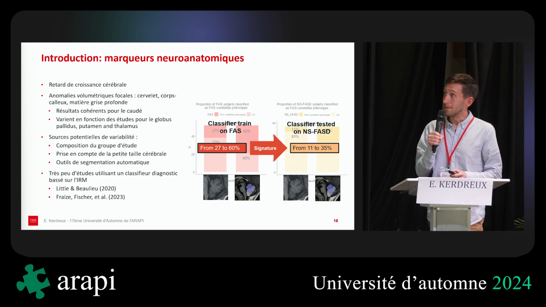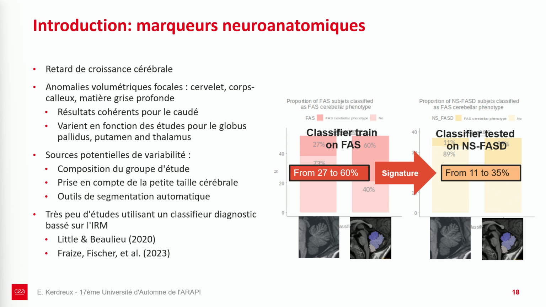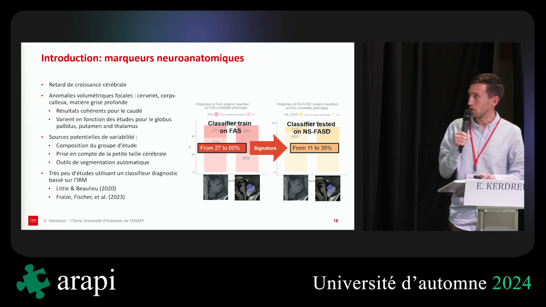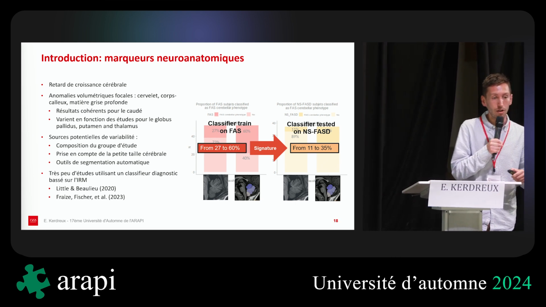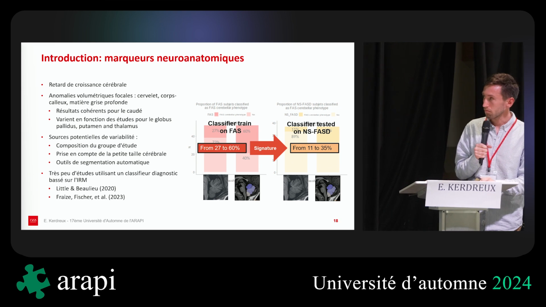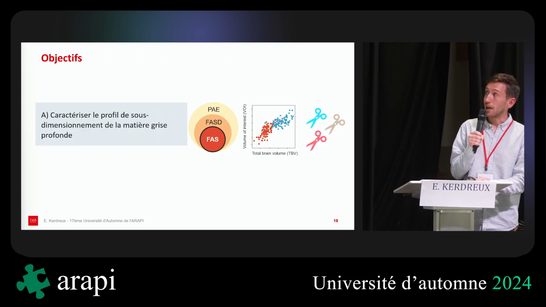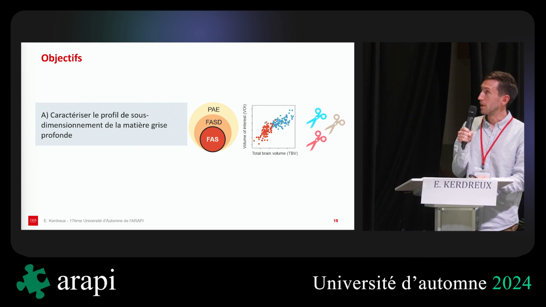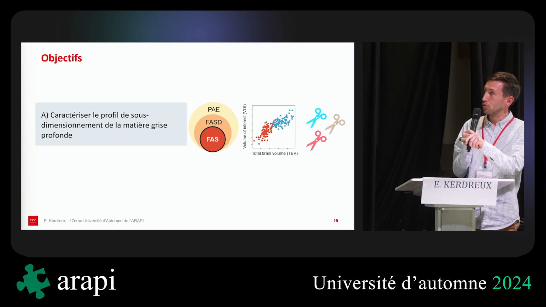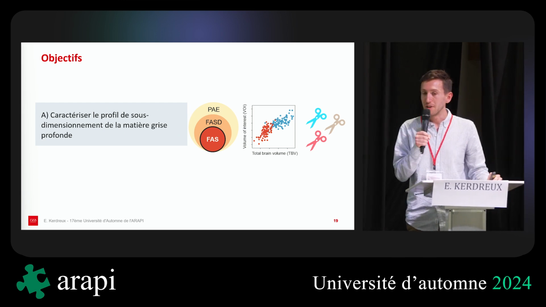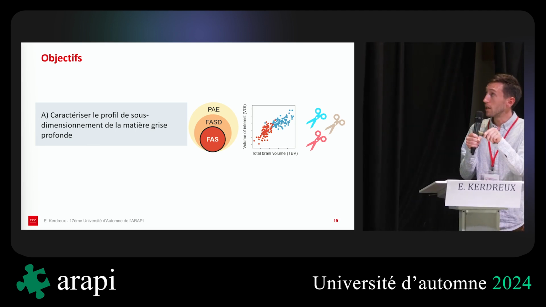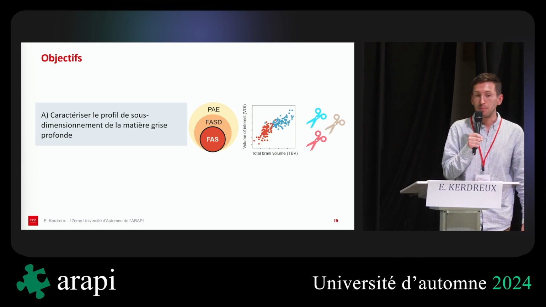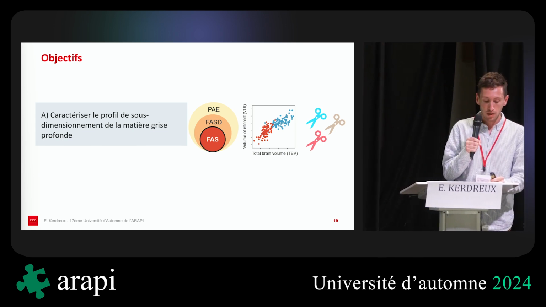But there is this study by my colleague Fraze, who tried to get a diagnostic classification, a classifier trained on the alterations to the cerebellum, and if we apply this to patients who have a syndromic presentation, so what you try to do in this study is to characterize the profile of subdimensioning of the deep gray matter, trying to segregate between the syndromic and non-syndromic patients, and trying to use a non-linear model and by comparing the different tools for neuroanatomical segmentation.